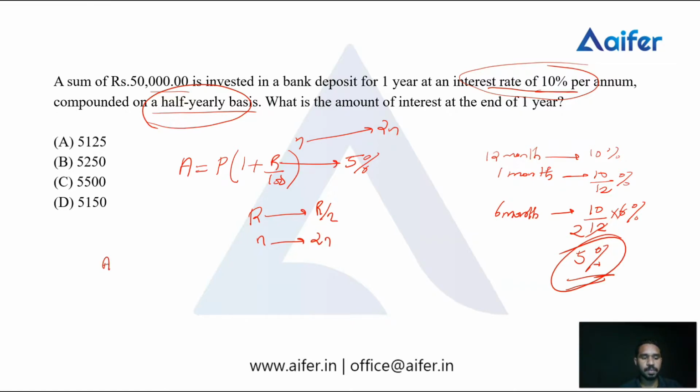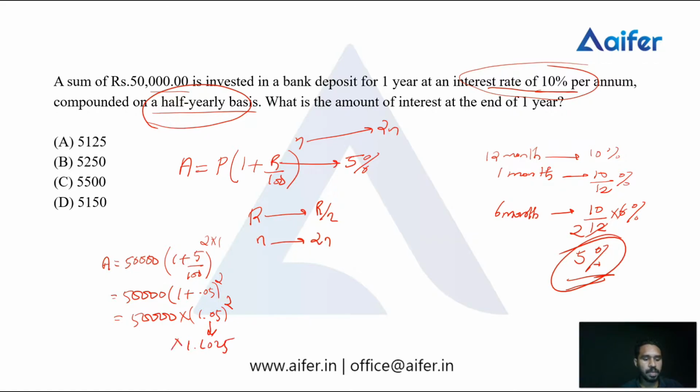A is equal to P, the principal amount, which is 50,000, into 1 plus 5 by 100 raised to 2N. 2 into N is 1 year. That is 50,000 into 1 plus 5 by 100, which is 0.05, squared. 50,000 into 1.05 squared. 1.05 squared is equal to 1.1025 into 50,000.